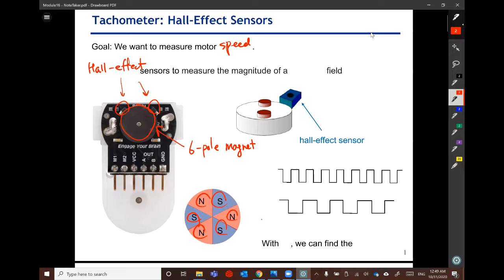The Hall effect sensors basically just measure the magnitude of a magnetic field.